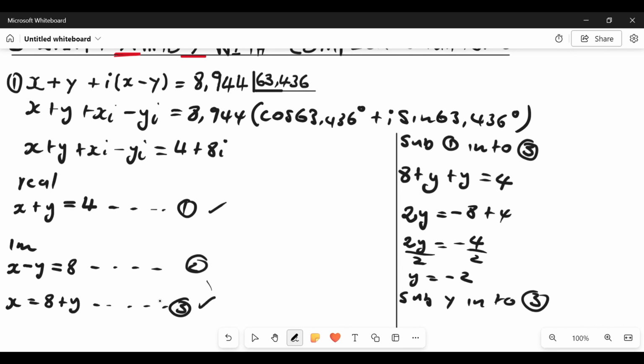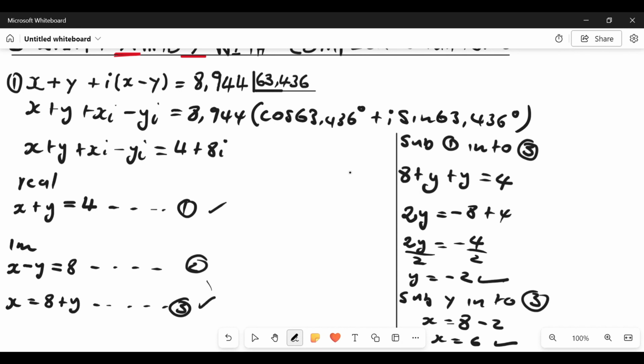Or you can just substitute into any of these equations that we have here, 1, 2, and 3. But 3 is convenient. So we know that wherever there is y, we substitute negative 2. So this y here is going to be negative 2. So x is actually equal to 6. So that is your two answers.